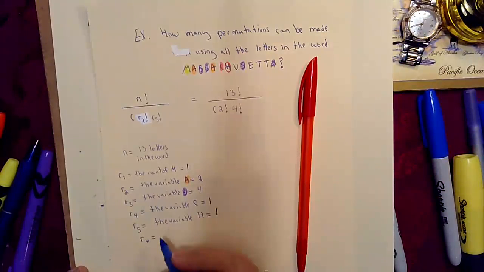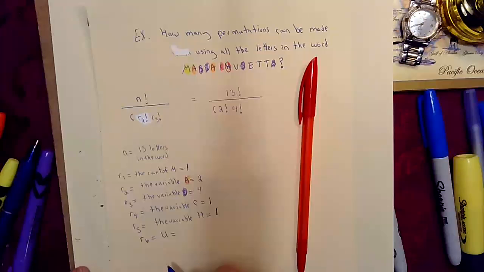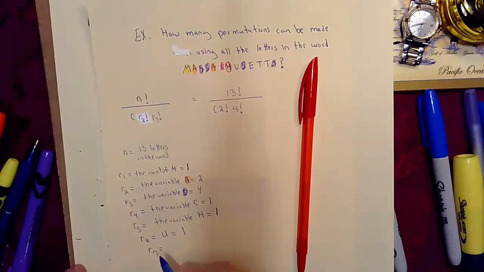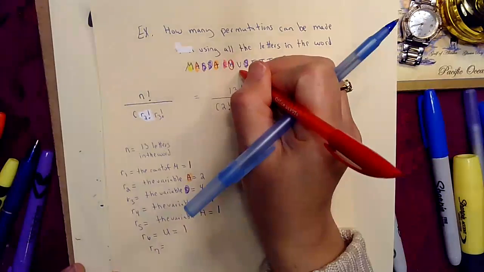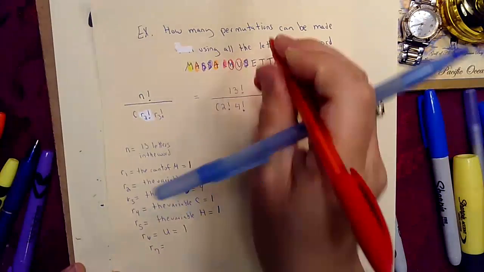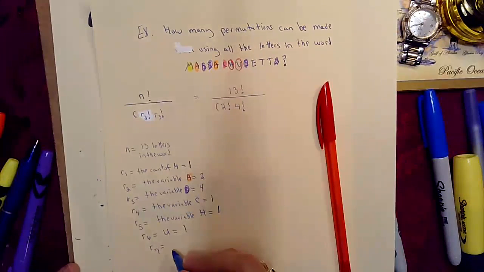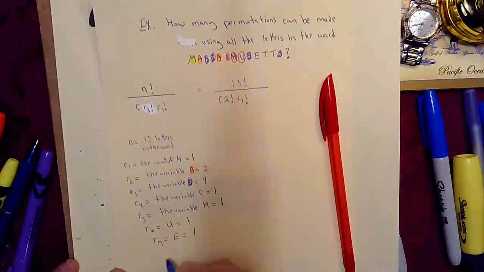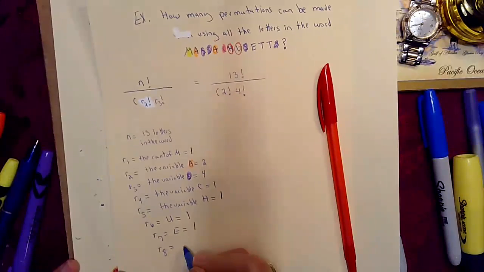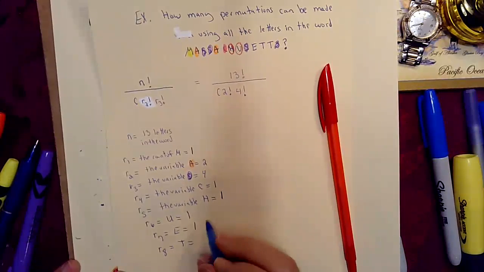Now we're looking at U. And what's the count for U? The U is just 1. R7 is the variable E, which is also 1. And then R8 is the variable T, and that's 2.